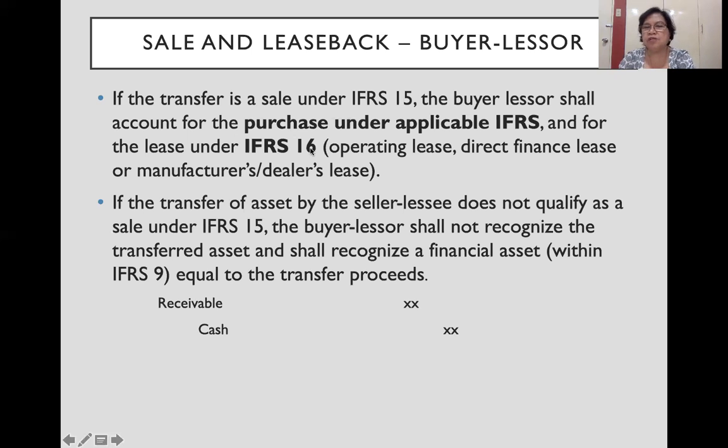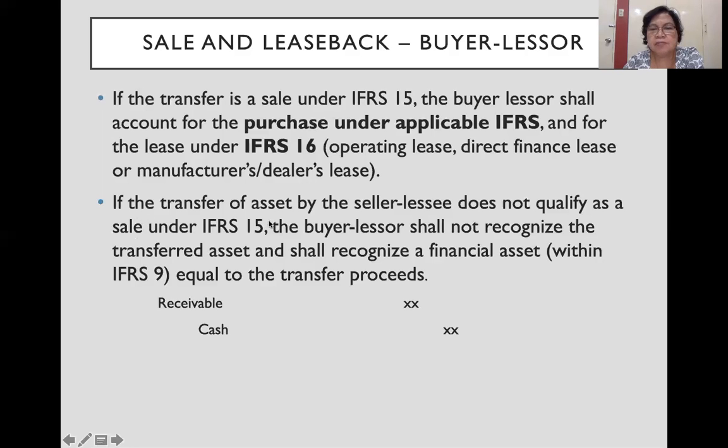If all of the finance lease indicators are missing, then that's operating lease. Otherwise, it will have to be accounted for as finance lease, either direct finance lease or manufacturers or dealers lease, depending on the nature of business of the buyer-lessor.